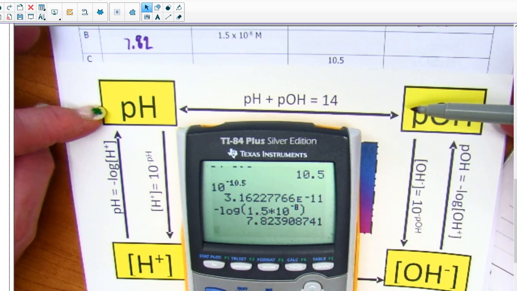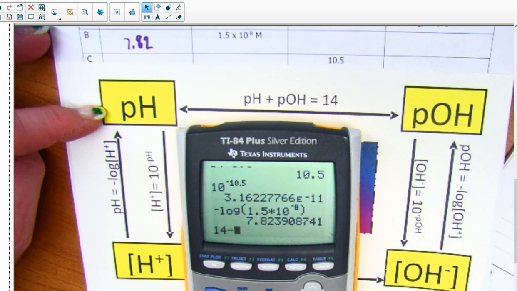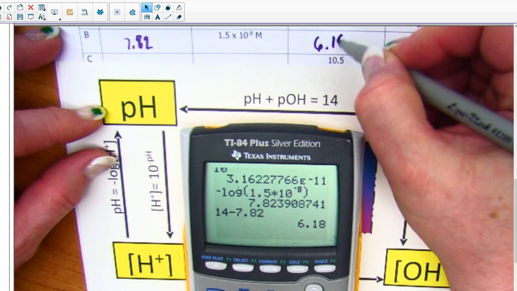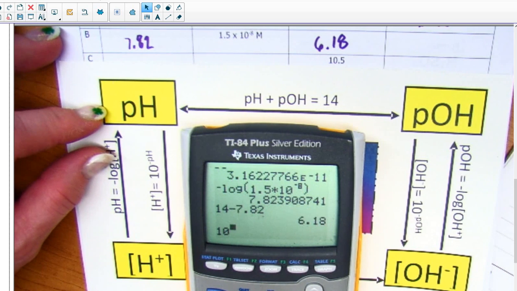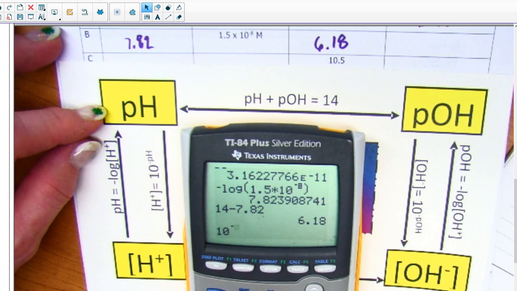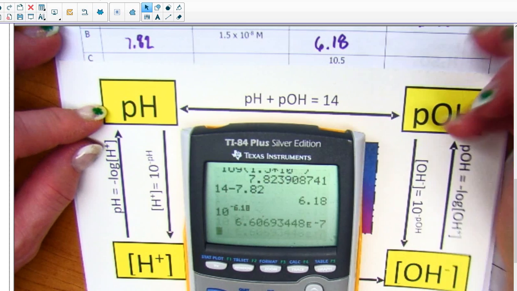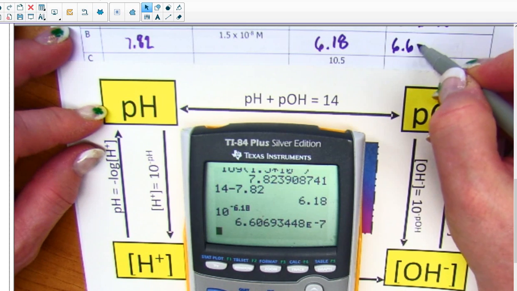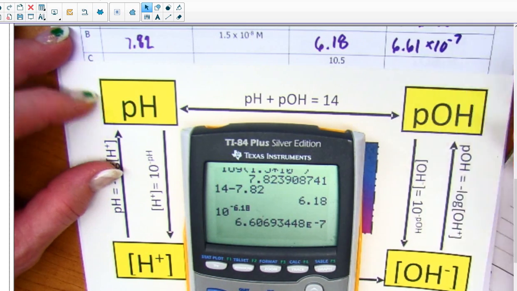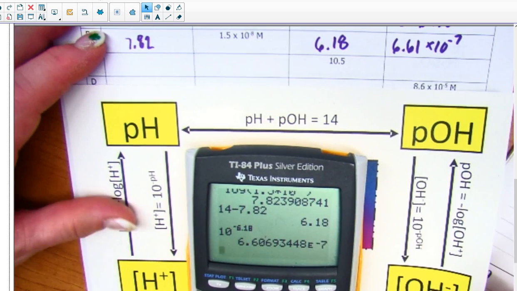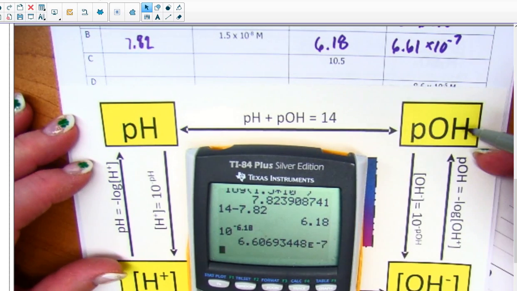Now I cannot use that again, which is nice. I can go across the top here, take 14 minus 7.82, 6.18, 10 to the negative 6.18, and I get 6.61 times 10 to the negative 7. So coming down again, now I start with pOH on this corner.